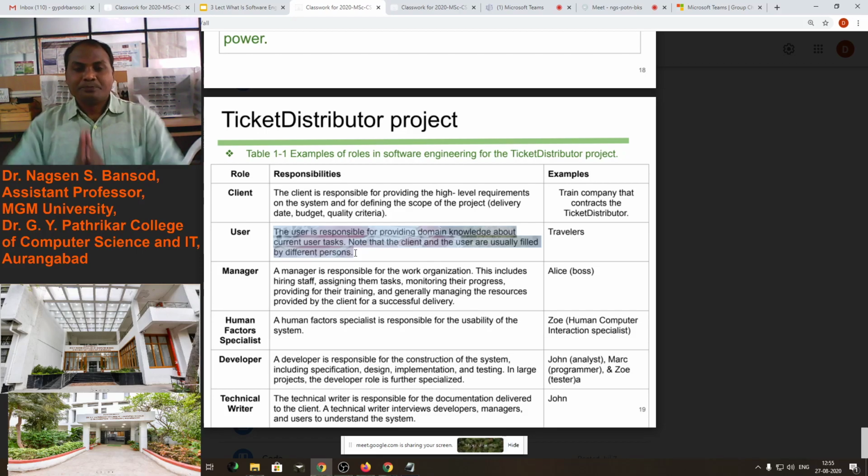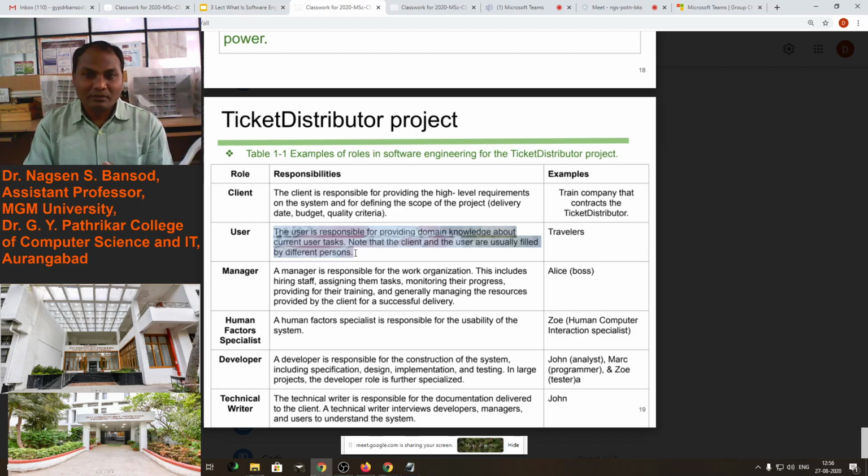Now you see, suppose you went to the bus stop and asked the conductor for information for the software development. He will not give information to you because he is not the authorized person to take software for the ST, state transportation.